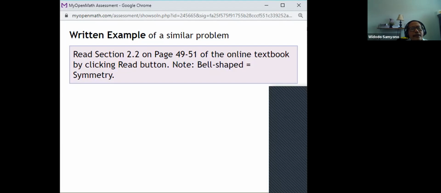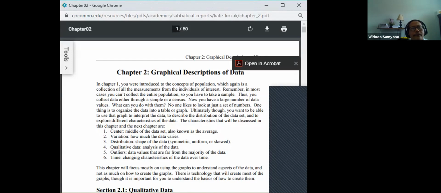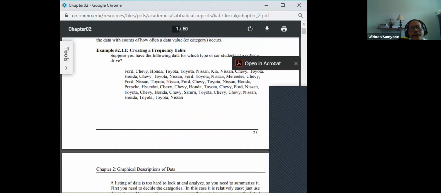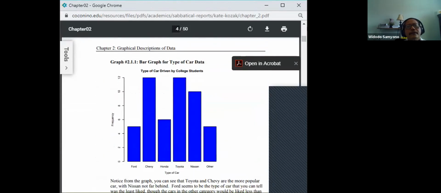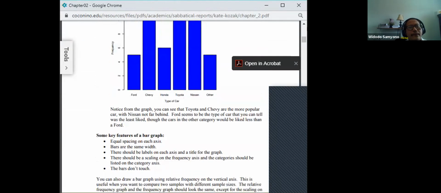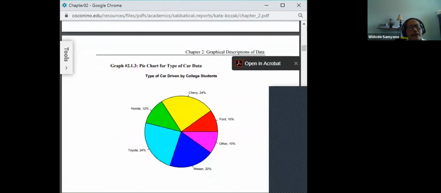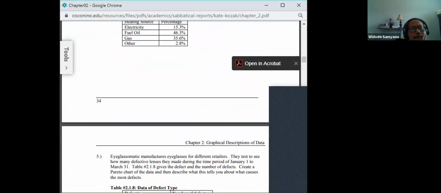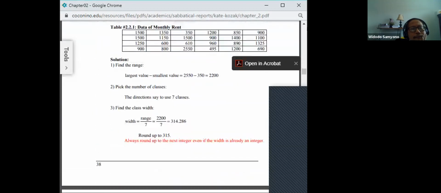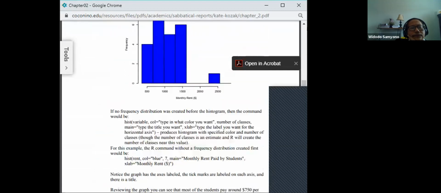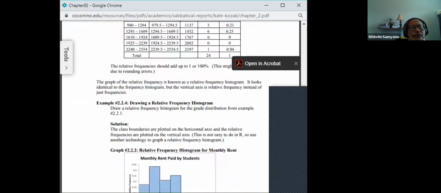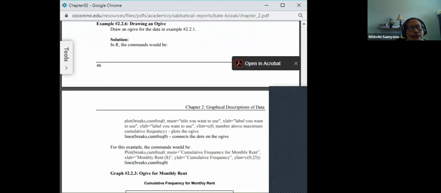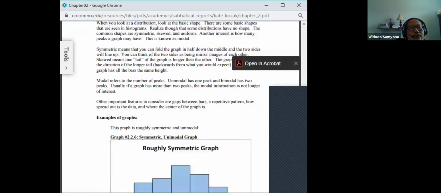And the bell shape is like symmetry. So you need to go to page 49. This one is 24. Okay, right here.